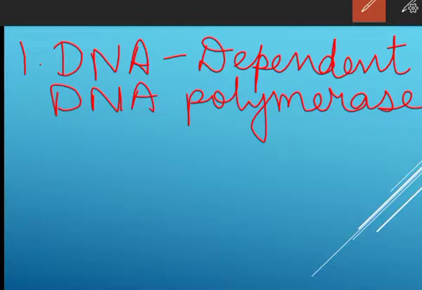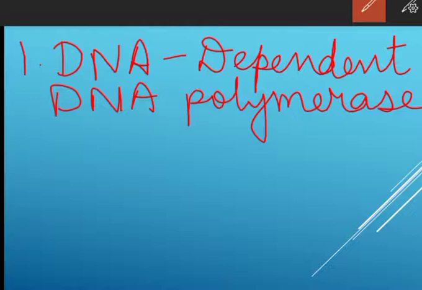It is the main enzyme which uses a DNA template to catalyze the polymerization of deoxynucleotides. The average rate of polymerization is approximately 2000 base pairs per second.